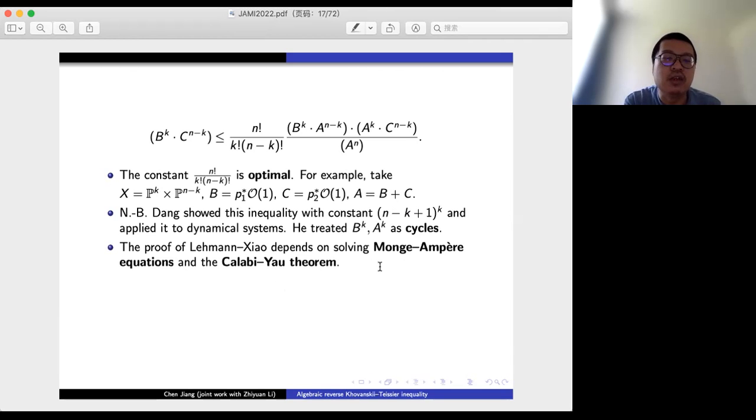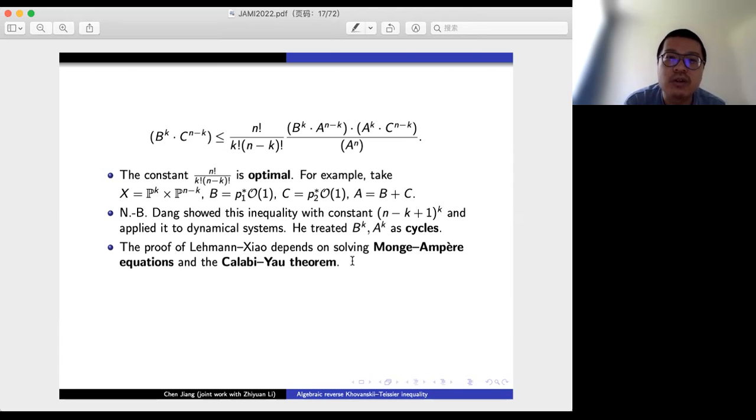What they did is, by solving the Monge-Ampère equation, they found some matrix locally, and they proved the local version of the inequality, and then you know that globally it is an inequality. But of course, their proof depends heavily on the Calabi-Yau theorem.